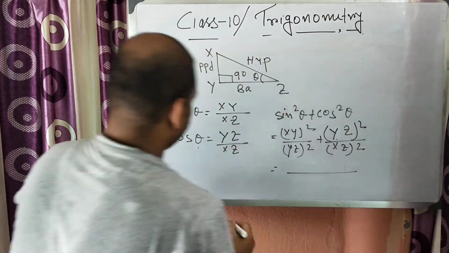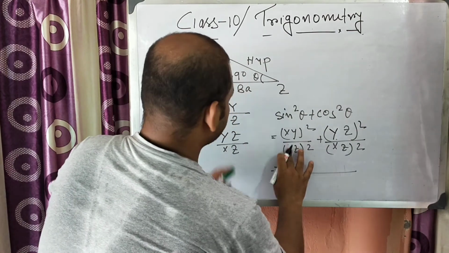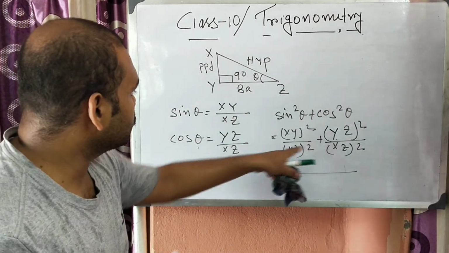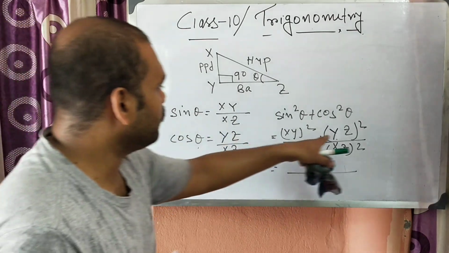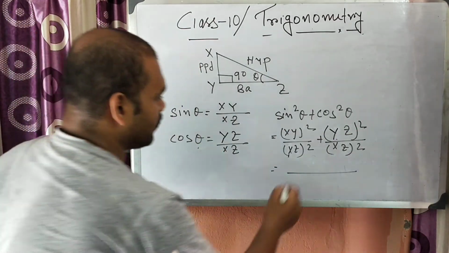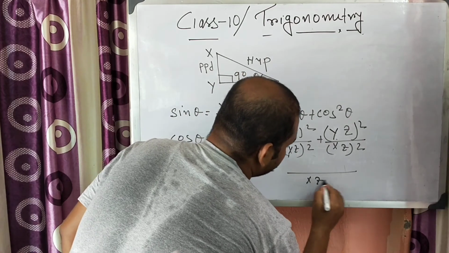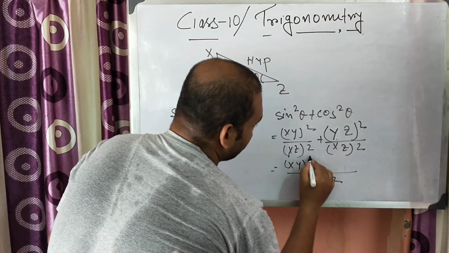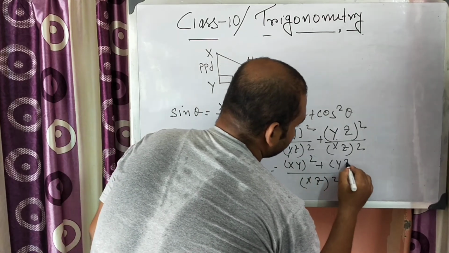Taking xz whole square as the LCM, we get xy whole square plus yz whole square.